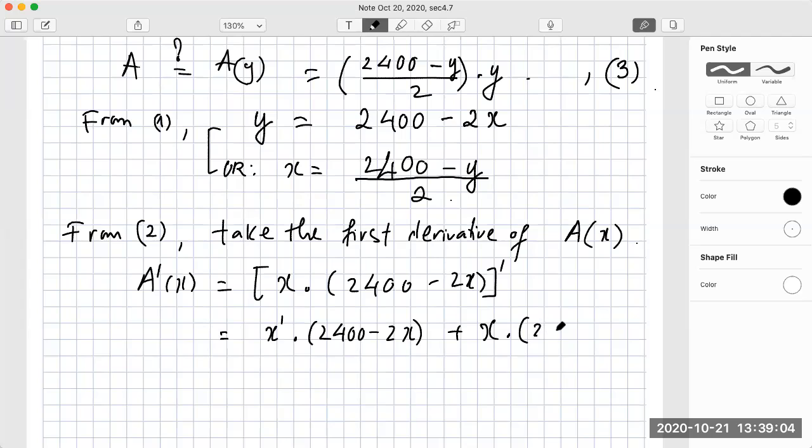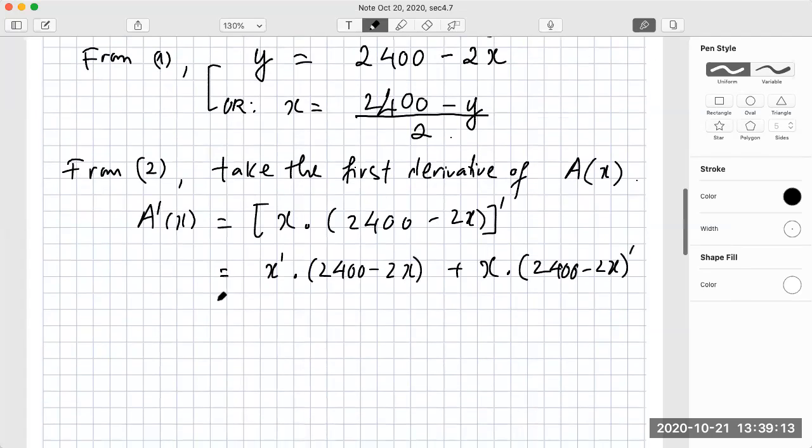Be careful. Let us write it slowly. Derivative of the second term, right? Now, the derivative of x gives us, what is it, Gary? Yes, very good. 1, times (2400 minus 2x), plus x. How about the derivative of 2400 minus 2x? Negative 2, right?